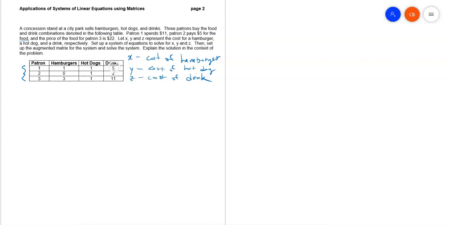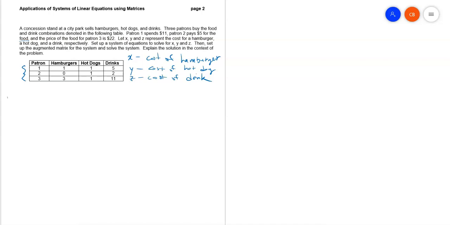And similarly, when we multiply the number of drinks that someone bought times the cost of each drink, we will get how much money they spent on drinks. And so we will have a system here that has an equation for each patron, how much they spent in total. And so let's make that one.